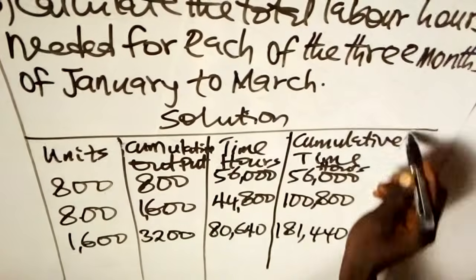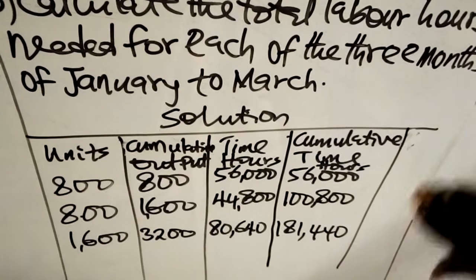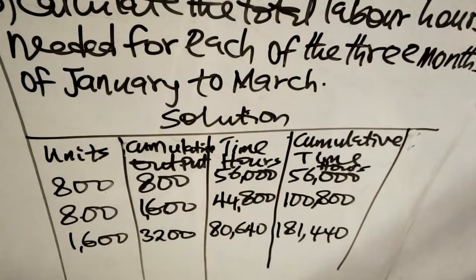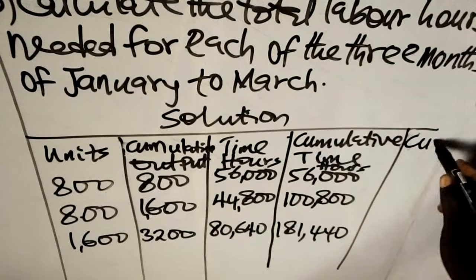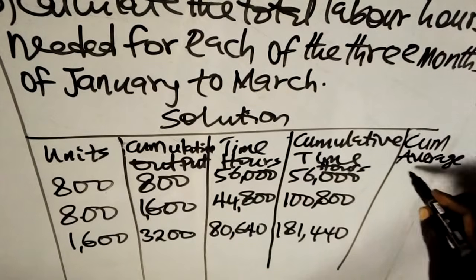This is the cumulative time. And what we need is the cumulative average time, not the cumulative time. Now, let's include the cumulative average time.